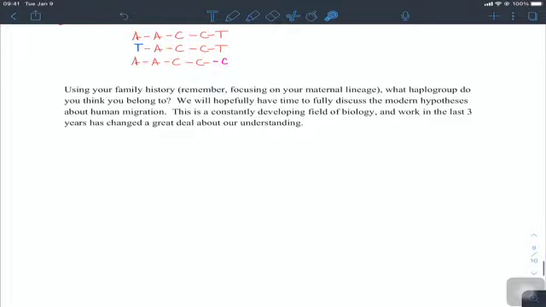So the last task for today is to explore your own human mitochondrial haplotype. Where do your parents come from, particularly your mother? What haplotype groups come from that region? So, have some fun with it.